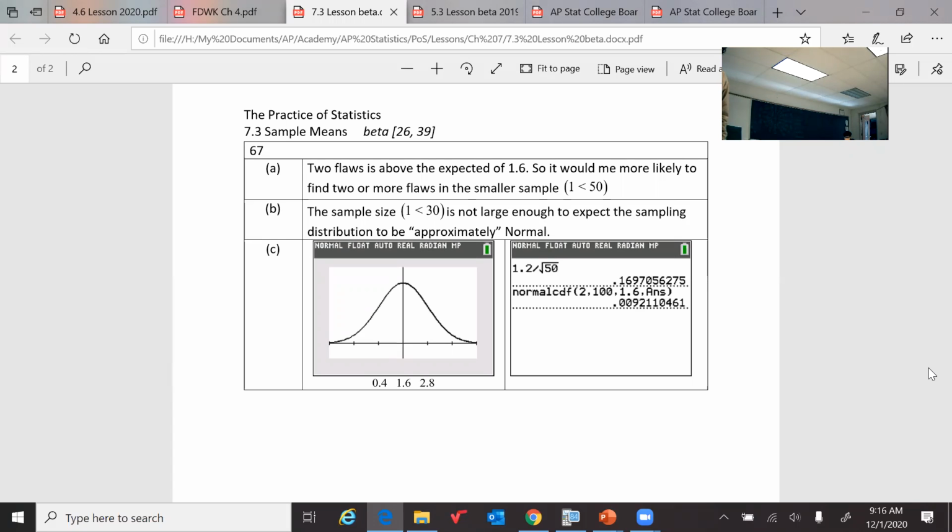Well, 1 or more flaws, right? 1 flaw is here. Or so, I'm sorry, 2 flaws is over here to the right, yes, it's more likely in a smaller sample size. But you're separating yourself from the center, which is 1.6.